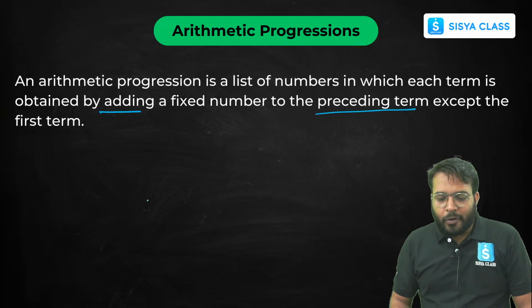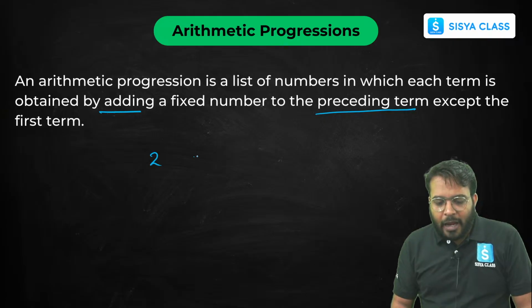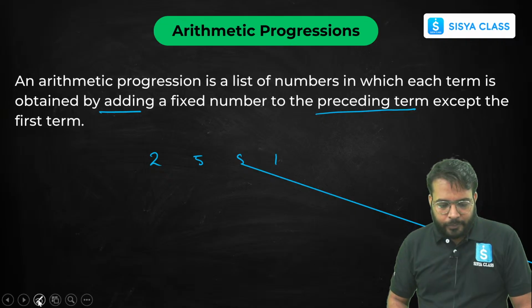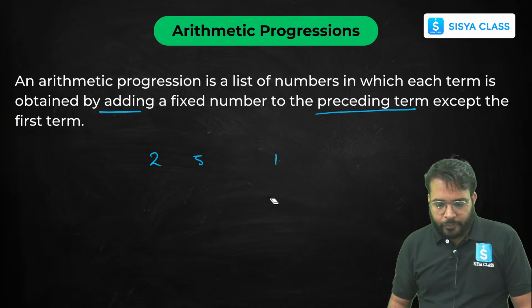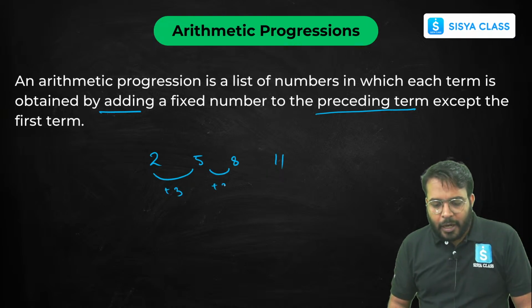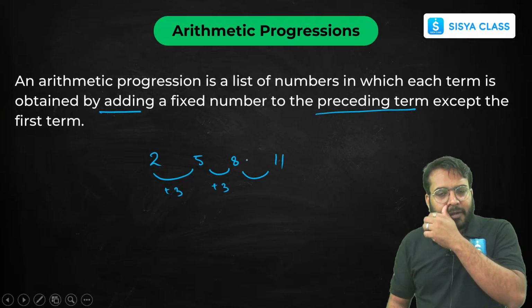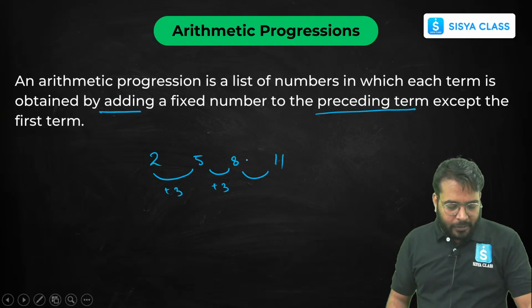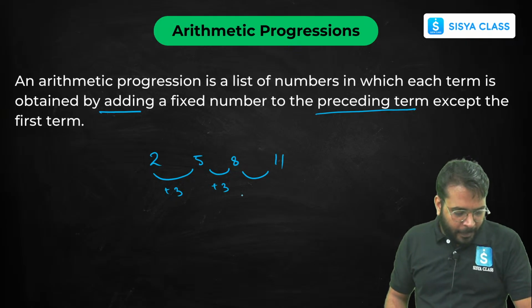So if I have 2, 5, 8, 11, what am I doing here? I'm adding a fixed quantity in order to get my next term. I hope this is clear till here. Yes or no?